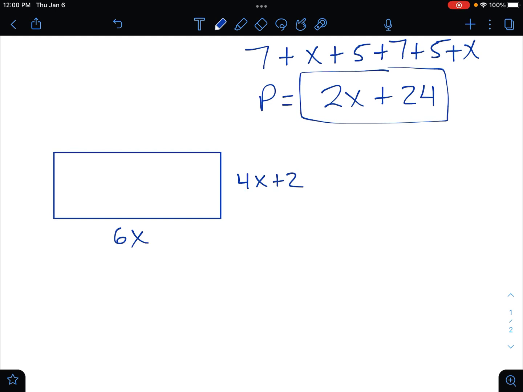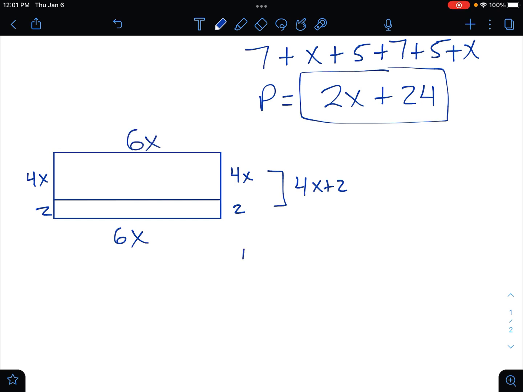Let's do the area again. So 6x would be the whole side, and the 4x plus 2 is two things separated with a plus sign. So if you wanted to, you could separate this into a 4x piece and a 2 piece. Again, this whole side is still 4x plus 2. It's just showing the two pieces separated.